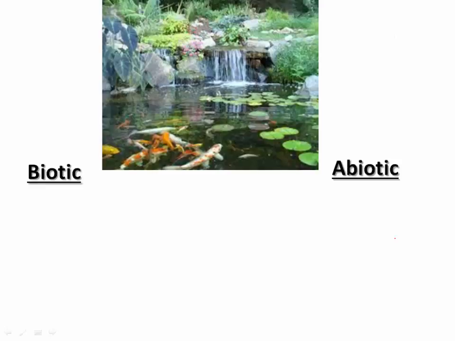Let's go on to biotic and abiotic. I just want to do a little vocabulary before we move on to the ecosystems. You've probably seen this again, but let's just review. Bio means life. A usually means not. So if we have biotic, this would be living organisms or living factors.